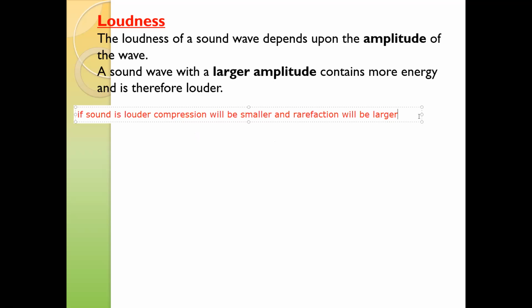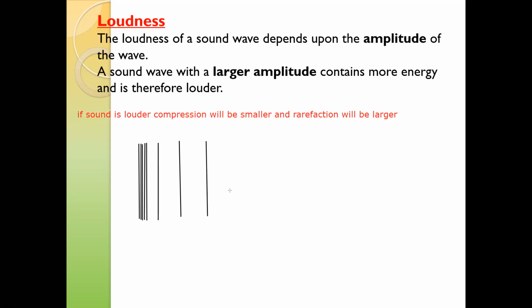So if you want to represent, because sound waves are longitudinal, so when we represent two sound waves, these lines are representing the place where the particles are present. So if the particles are closer, that is compression. And where the particles are away, that's called rarefaction.